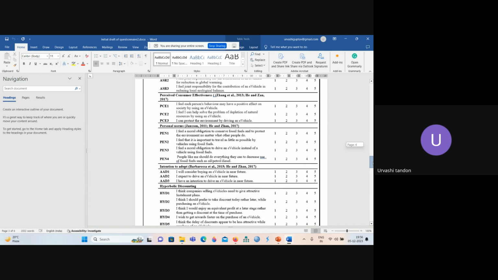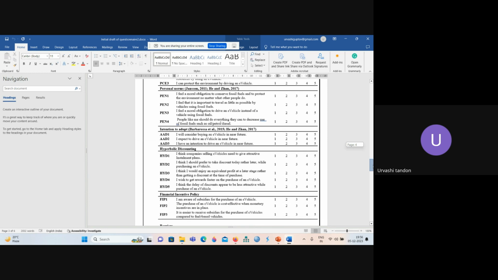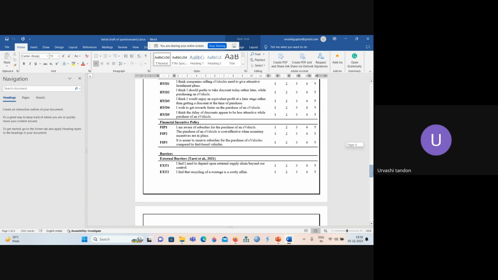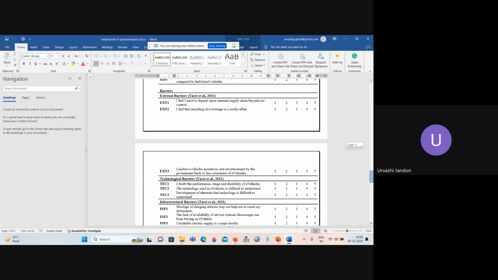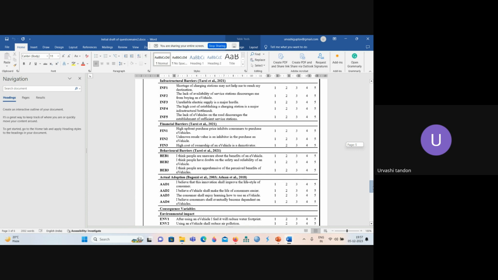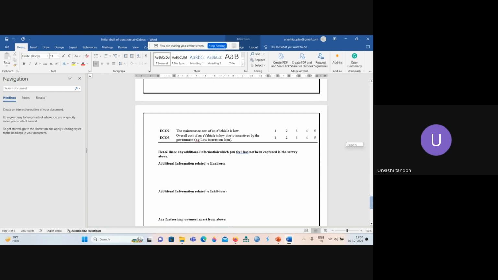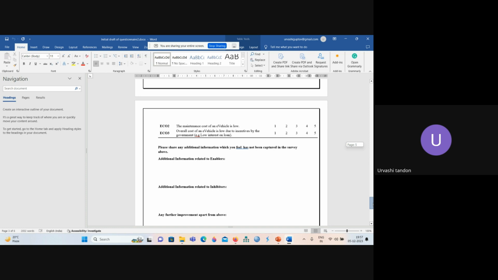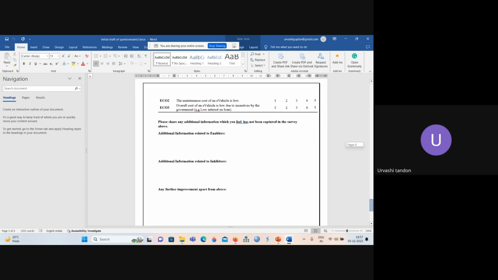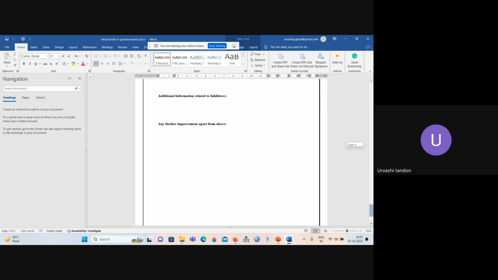You can see intention to adopt, hyperbolic discounting. Also, I took financial incentive, and these are the barriers which we studied. Then: please share any additional information which you feel has not been captured in the survey, related to enablers, inhibitors, any other information apart from the above.